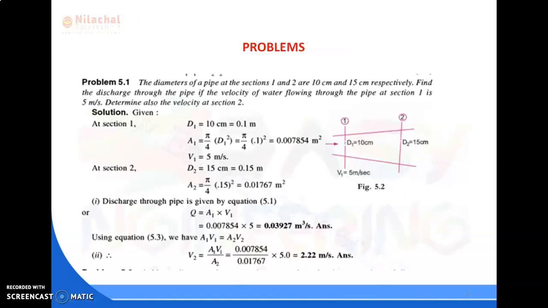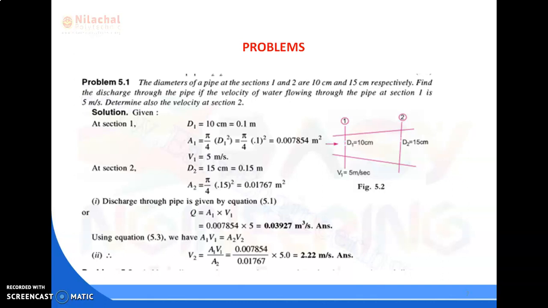So let's solve a problem based on this equation. The problem is: the diameters of a pipe at sections 1 and 2 are 10 centimeter and 15 centimeter respectively. Find the discharge through the pipe if the velocity of water flowing through the pipe at section 1 is 5 meter per second.